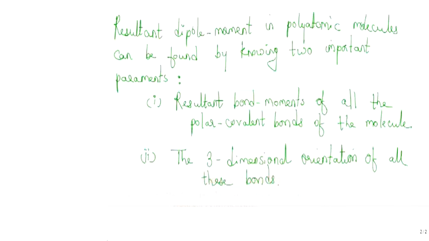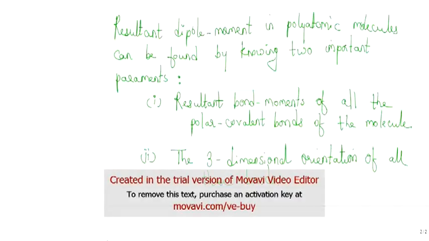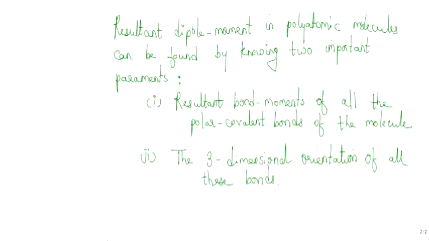So there are more than one polar covalent bonds in these molecules. However, the resultant dipole moment of the entire molecule as a whole is zero. So in spite of having polar covalent bonds, the resultant bond moment of the entire molecule comes out to be zero. Why? This is largely dependent on the orientations of these polar covalent bonds.